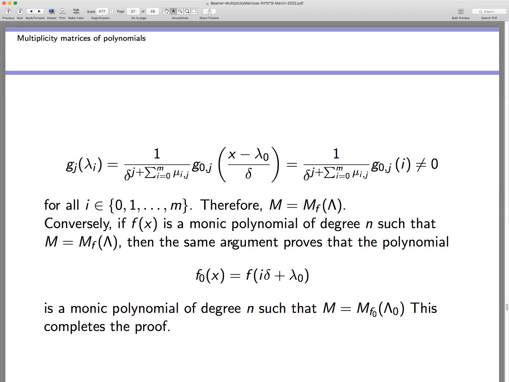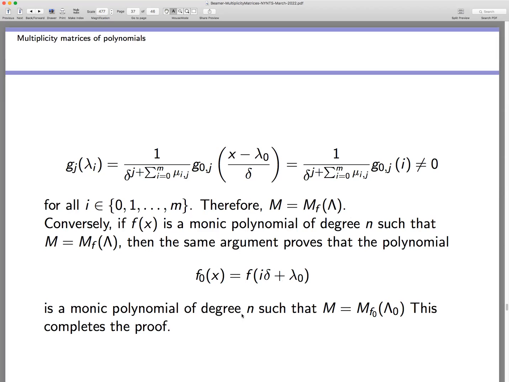Conversely, if you had a monic polynomial of degree n for which the matrix was the multiplicity matrix with respect to lambda, defining f0 of x to be I delta plus lambda naught. I left out an x, so this should have been x delta plus lambda naught.